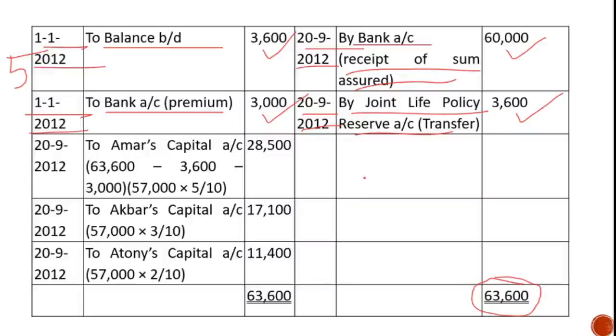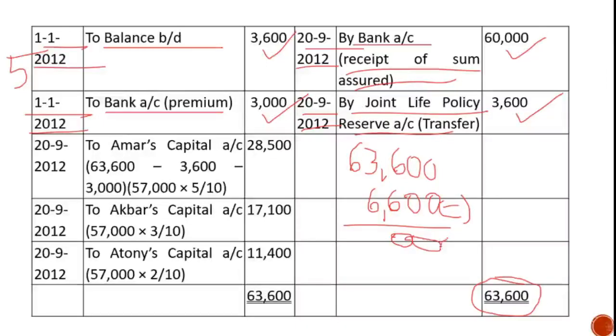From that you have to minus 6600, that is 3600 plus 3000. So 6600. The remaining balance will be 13 minus 6, 13 minus 6 is 7, then 57.